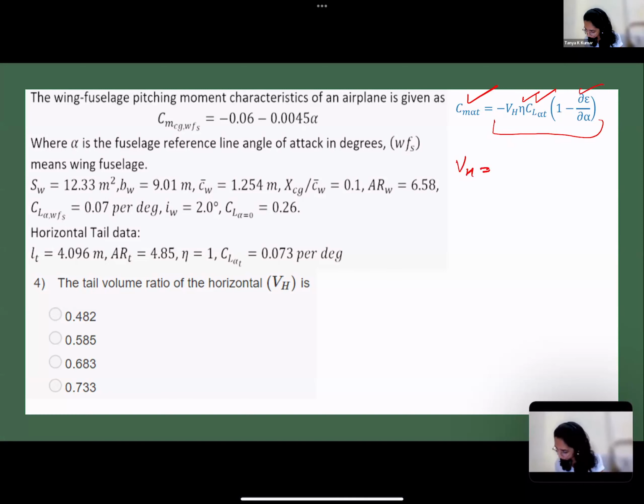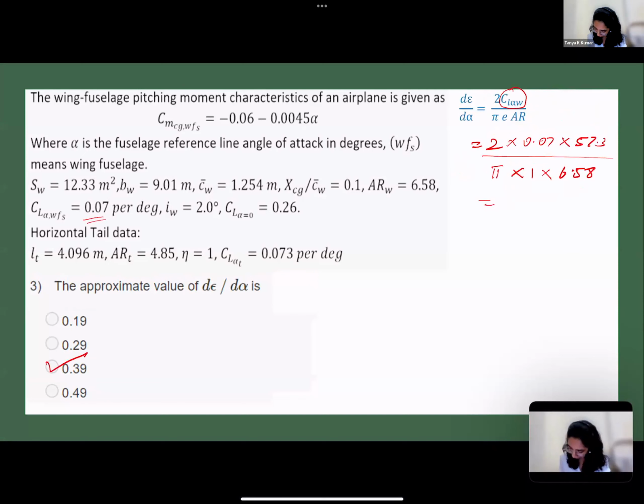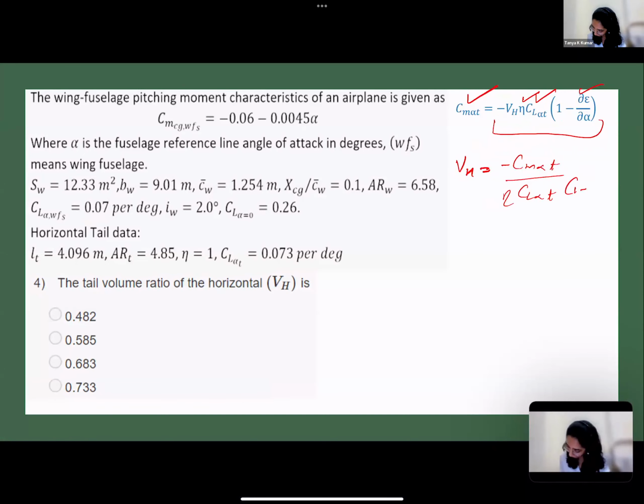VH is equal to minus CL alpha tail by beta CL alpha tail. Right? And 1 minus, what was d epsilon by d alpha? 0.39.